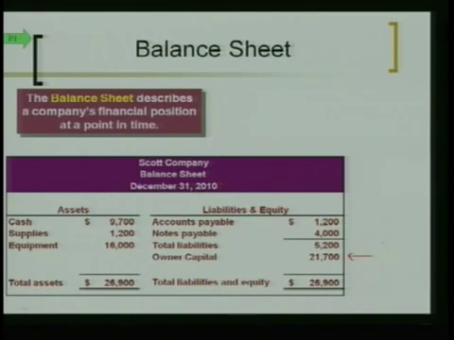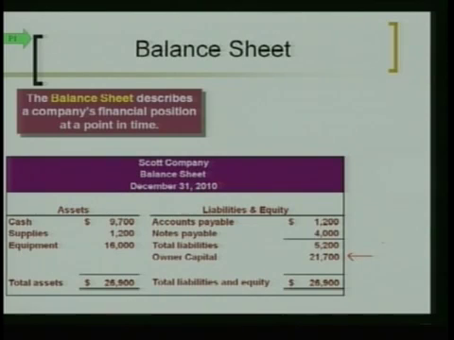Well, the balance sheet is called the balance sheet because it shows that the accounting equation is in balance. Assets truly do equal liabilities plus owner's equity. And we can see that. What are assets? 26.9. What's your total liabilities and equity? 26.9. It gives the reader a really warm fuzzy to see that those numbers are the same and that things balance.